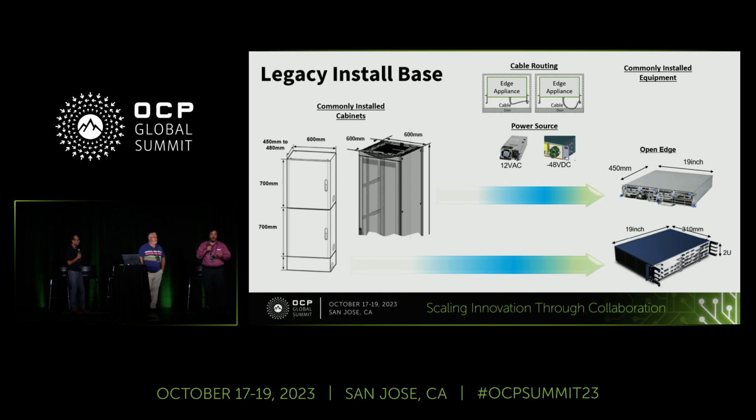Cable routing, well, at least in the data center, if you're using a 19-inch rack, probably your I/O cables are going to the rear. If you're using Open Rack, I/O cables are going to the front. In the Edge, it's a mix. There are multiple right answers. Power's more varied. It's not high voltage AC or high voltage DC coming in. We have a variety, negative 48, 12 volts.